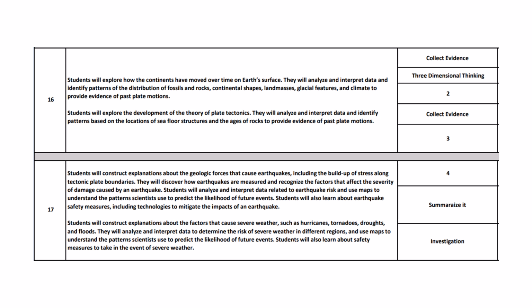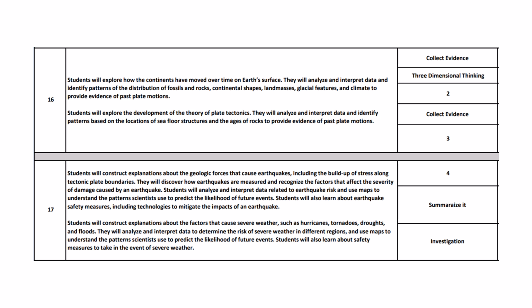Then let's look at 17. Students will construct explanations about geological forces that cause earthquakes, and build up stress along tectonic boundaries. Here they can give you a picture and ask you along which position, which place in the map is a transform boundary or a convergent boundary or a divergent boundary.